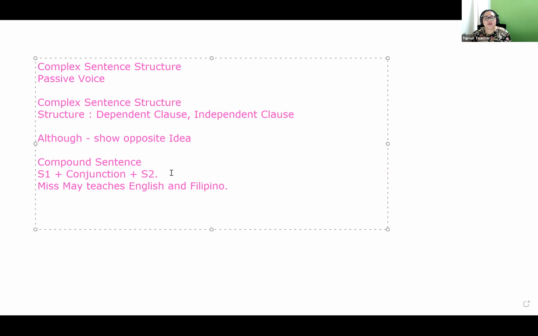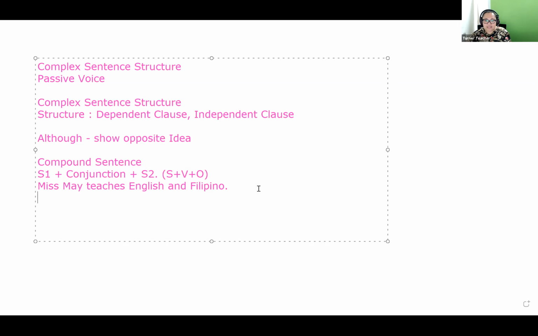Remember, when you're creating a compound sentence, this has to have a subject, a verb, and an object. So for this sentence to become a compound sentence, it has to be: Miss May teaches English and she teaches Filipino.